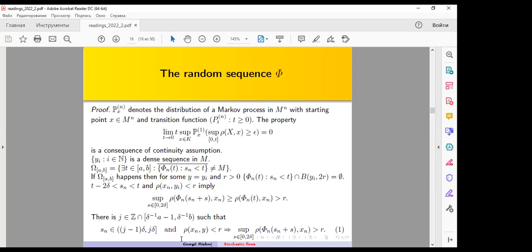Now, denote by omega AB the event that values of phi n are not dense at time t for some point t from A to B. Actually, this may not be an event. We will show that its upper probability is equal to 0.